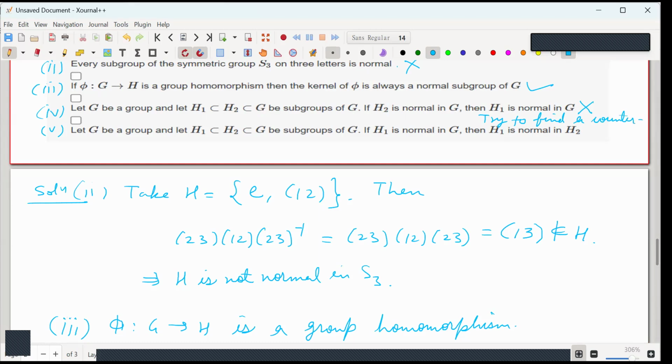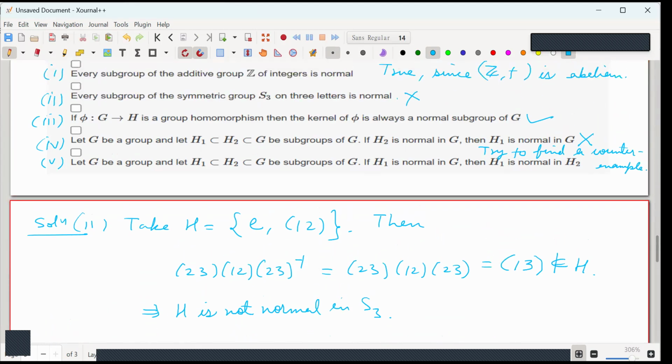I think some counterexample exists for matrices. There are many examples, but one such is for 2 by 2 matrices also. Basically, you need to find subgroups H1 and H2 such that all conjugates of H2 are again inside H2, but H1 doesn't satisfy this.